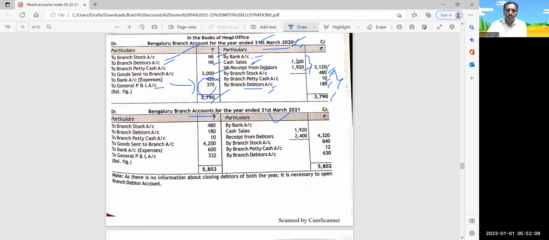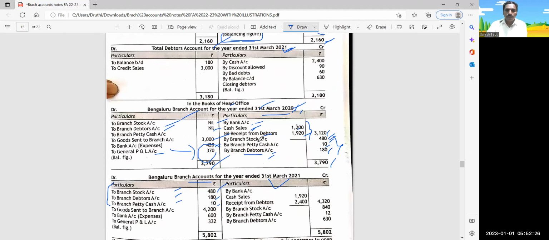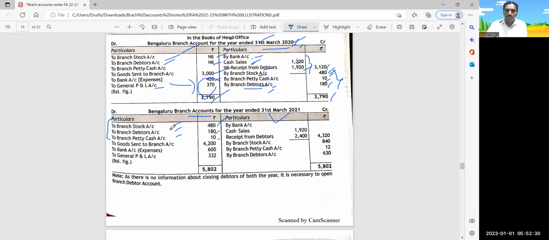See here, in the branch account: 480 branch stock, branch debtors 180, and branch petty cash 10. Repeat, revise, and see it. First, you record this in the branch account. Here it is closing in 2020. It becomes opening for 2021. They need not say anything.